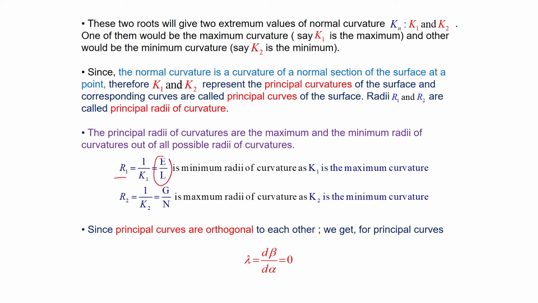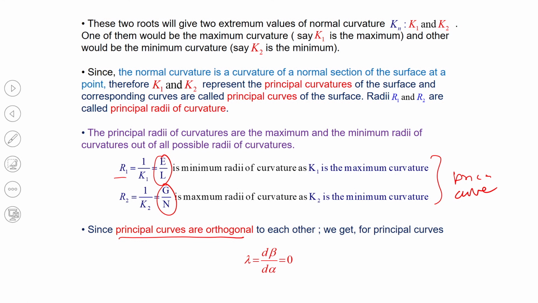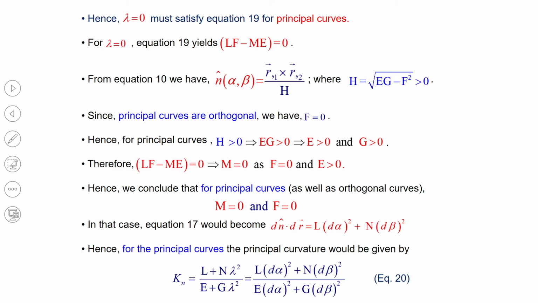But the formula written here is valid when the parametric or principal curves are orthogonal to each other. So, how to deduce this? In that case, lambda is 0 must satisfy the principal curves.